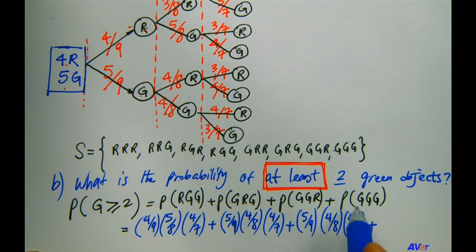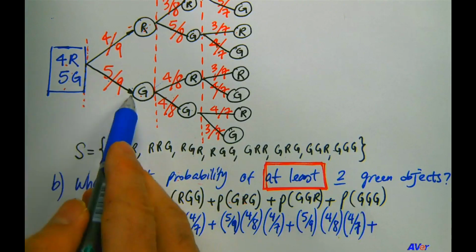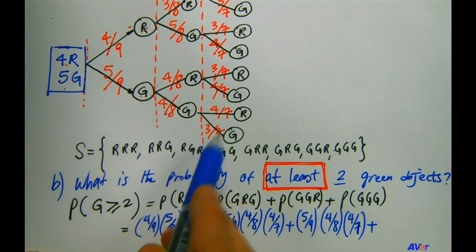Okay, plus green, green, green. So that's 5/9 times 4/8 times 3/7.